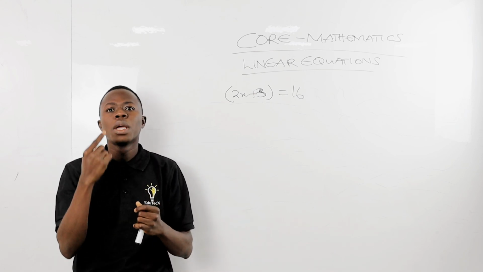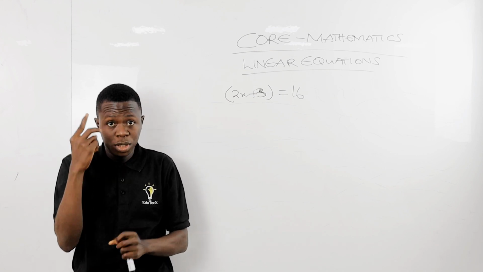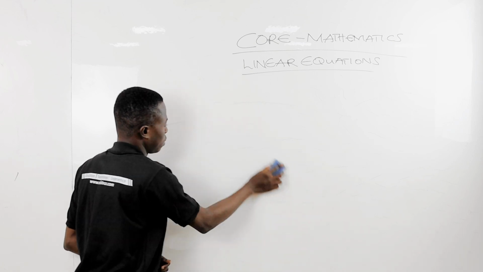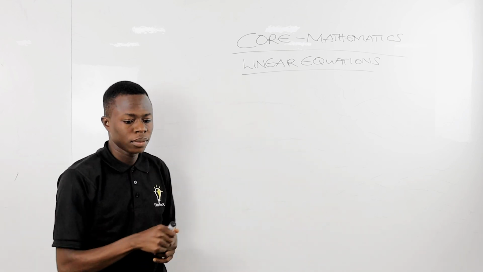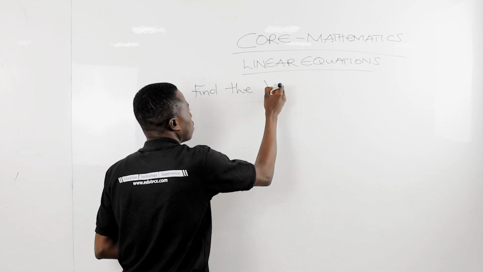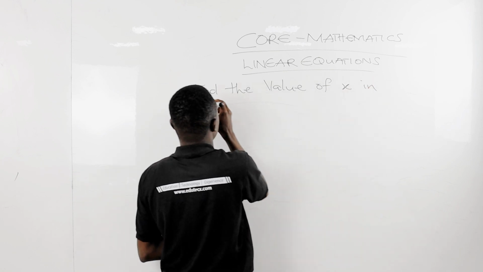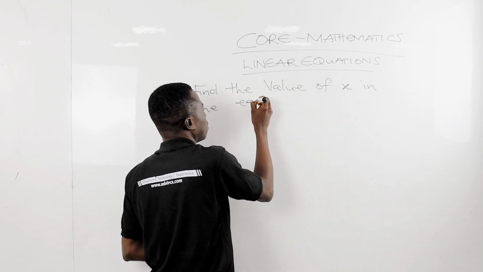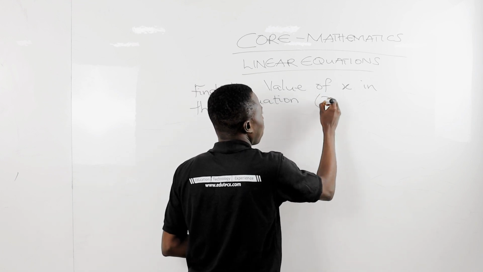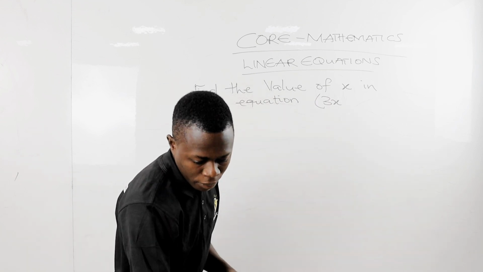Now, don't forget, 2x plus 3 is in a bracket. Now, the question is, how do we solve this question? So let's see. So let's take a look at a comprehensive example. So the example on the board is a comprehensive example of a linear equation involving brackets.